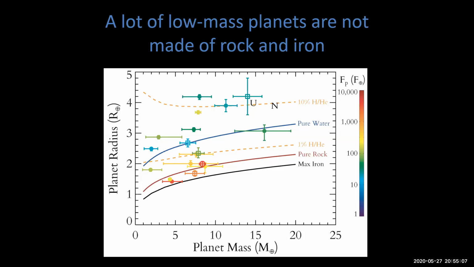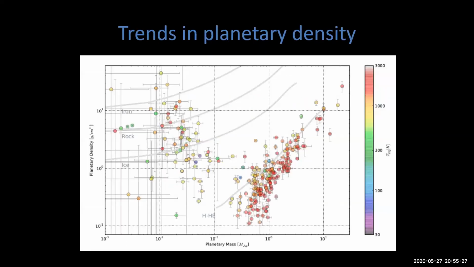There might be low mass hydrogen helium planets with strong magnetic fields. There's some things out there that we don't have representatives of in our solar system. So getting out to explore those might be very interesting. Here's just kind of more graphs showing density.